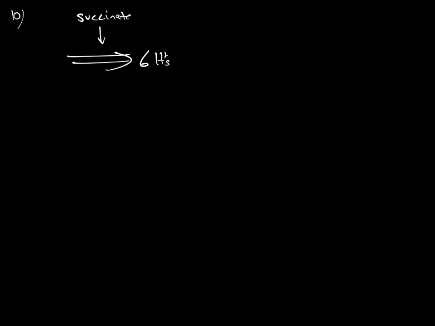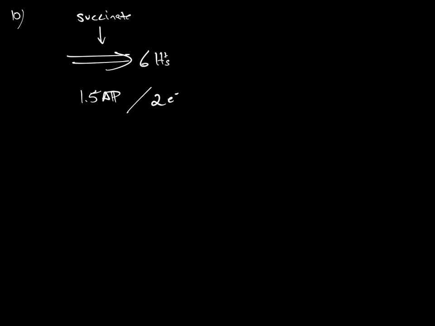So essentially, you know that in the problem it says that you have 1.5 ATP made per each 2 electrons that enter the electron transport chain from succinate.